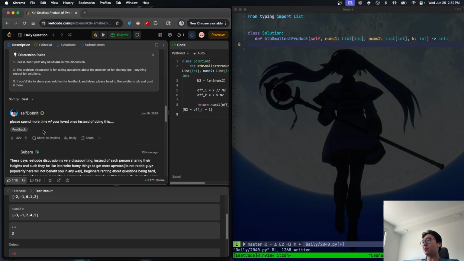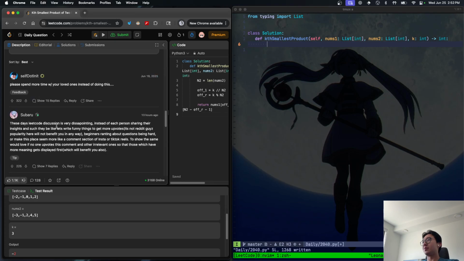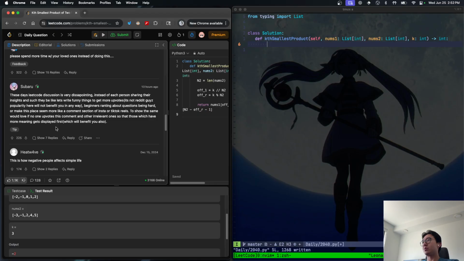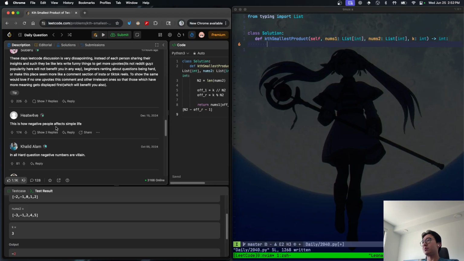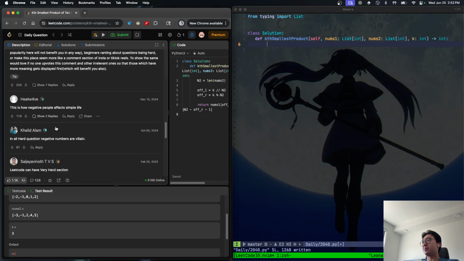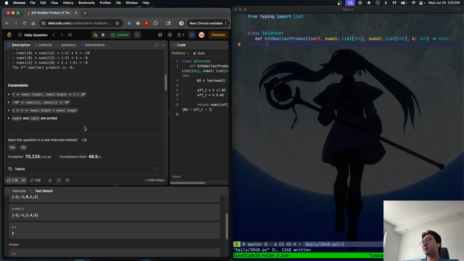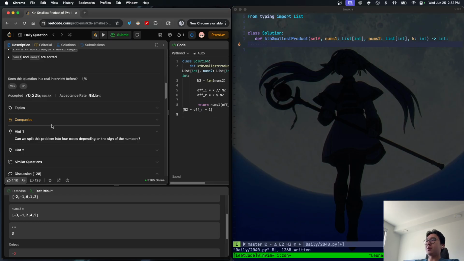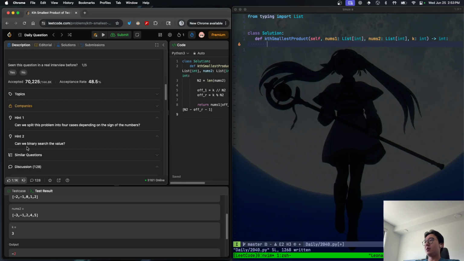I wonder what people think about this one. We split this problem into four cases depending on the sign. That's what I was thinking. Binary search.